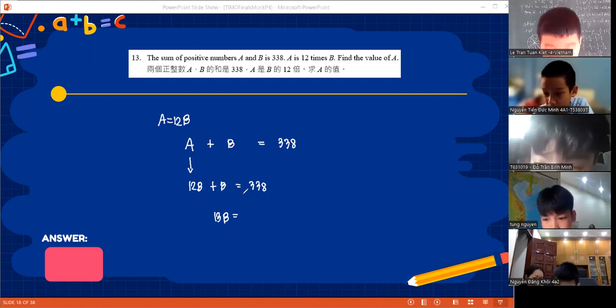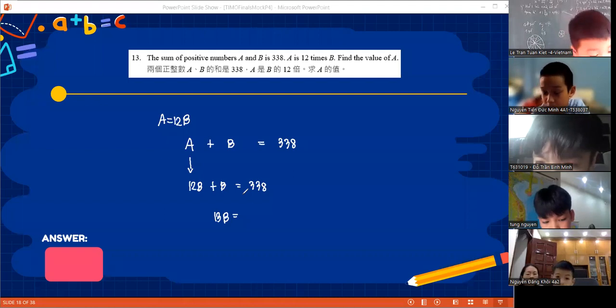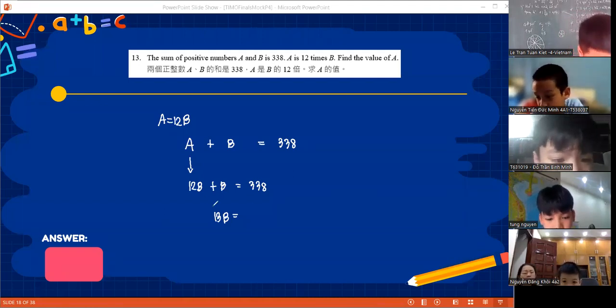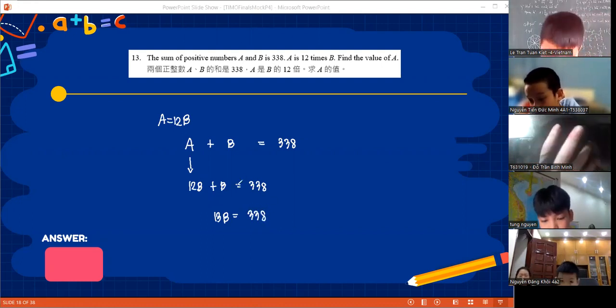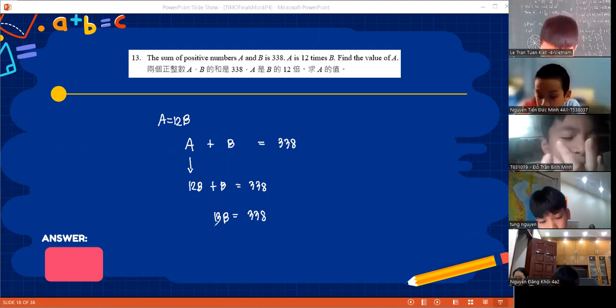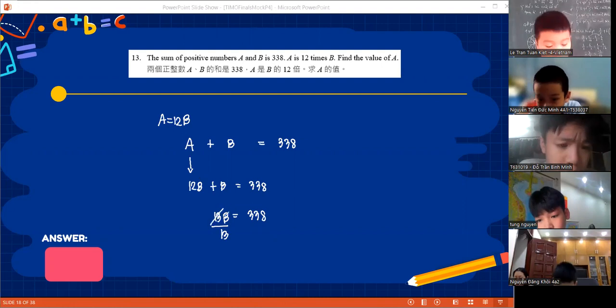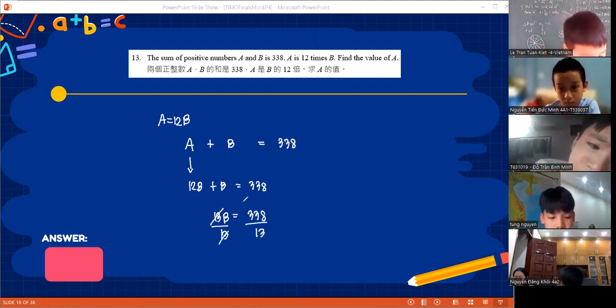It's like the same as 12 bananas plus 1 banana. But you have 13 banana. So 12B plus B, that would be 13B. So this is equal to 338. Now, if you want to solve for B only, okay, we need to divide this one by 13. Para you can cancel 13 and cancel 13 here. Okay?